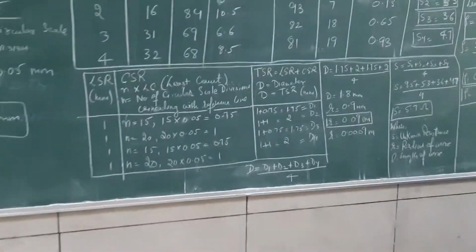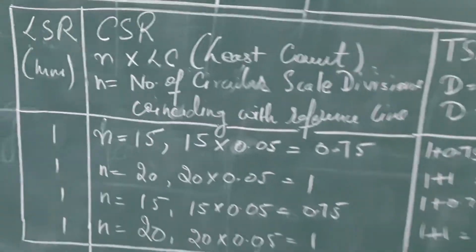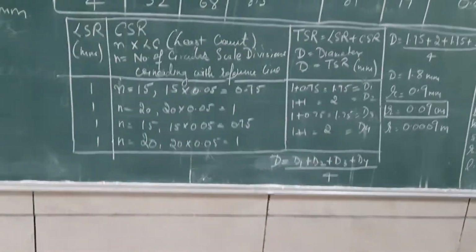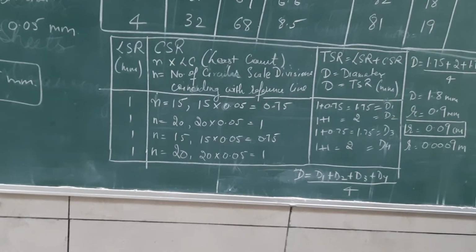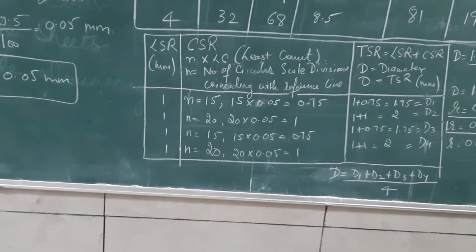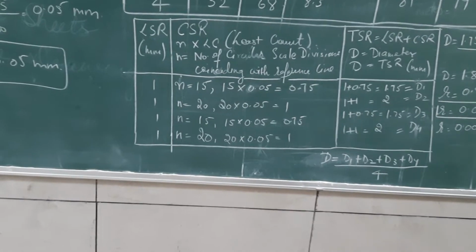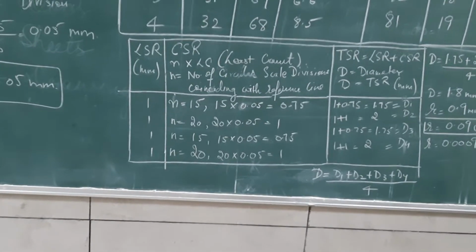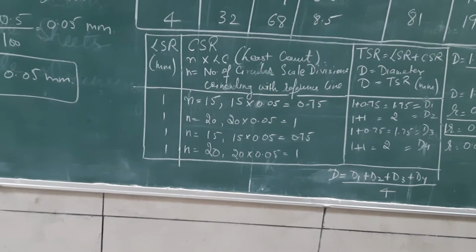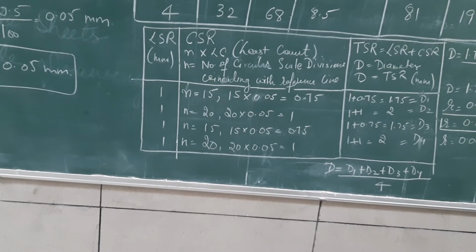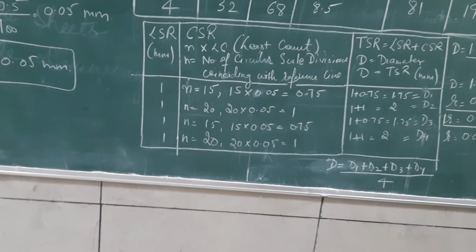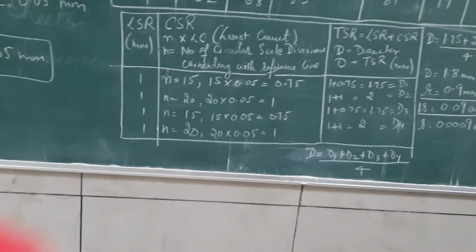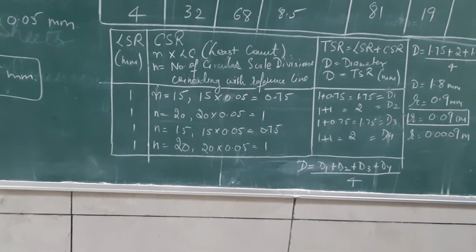Now, the second column is showing you small n. What is a small n? A small n is the number of circular scale divisions coinciding with the reference line. The reference line is a line which is given in the screw gauge, and that reference line will coincide with one of the circular divisions, and this will give you the value for small n.